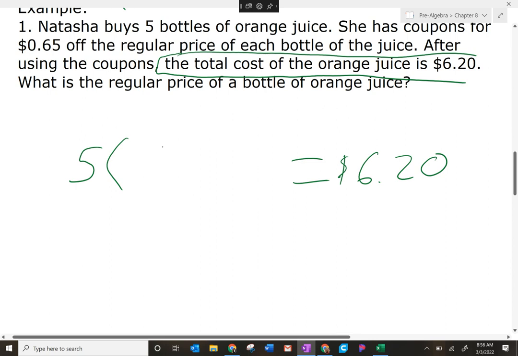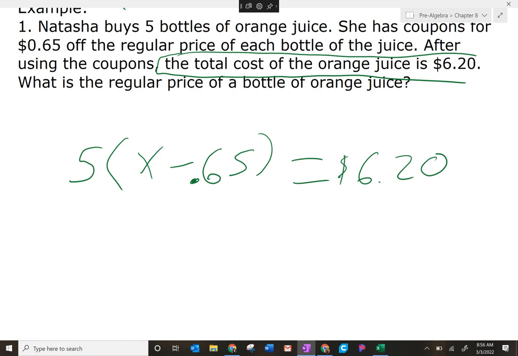Perfect. So each bottle is going to cost a variable, and then it says 65 cents off, so we're going to take off 0.65. I'll make that 65 cents a little bit bigger, because every single time it's going to be 65 cents cheaper than what the original bottle was. Okay, now it looks just like we did before. Now I can go through and distribute it.